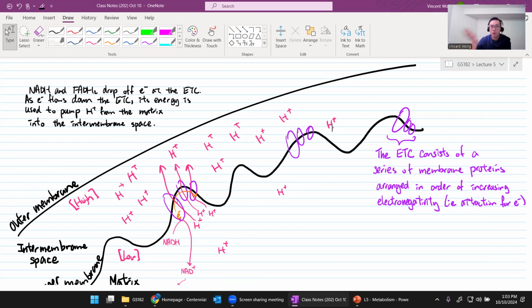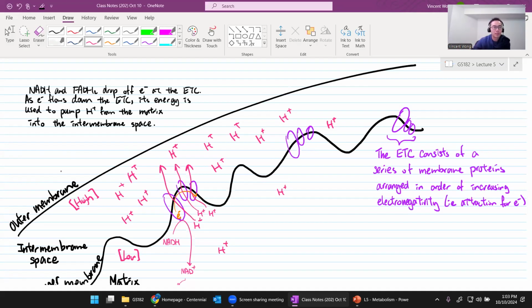Now, this process of pumping the H plus over requires energy because we are doing active transport. As you may recall, active transport is transporting things from low to high concentration, which is what's happening here. Low concentration of H plus in the matrix and high concentration in the intermembrane space. So you keep on pumping more and more over.